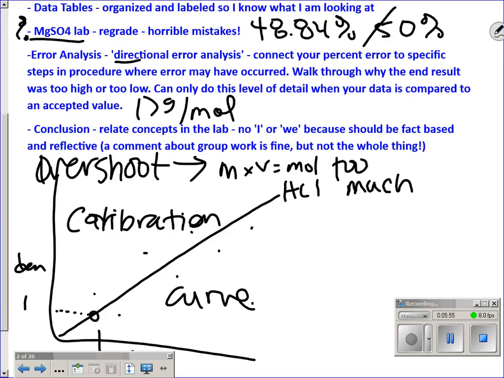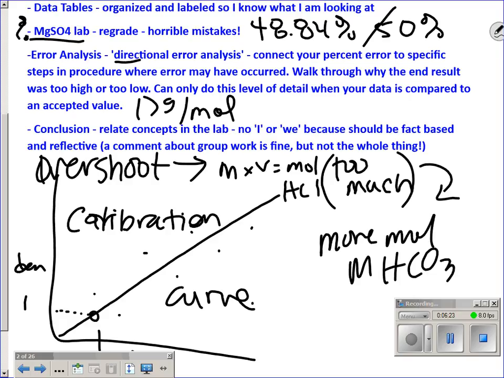Well, then you correlated the moles of HCl to what? It's the third method, with the titration. You correlated your moles of HCl to the moles of the powder, the unknown metal hydrogen carbonate. So if you had too much HCl added and you did your mole-to-mole ratio, that's going to assume that you have more moles of the MHCO3 than you truly do.